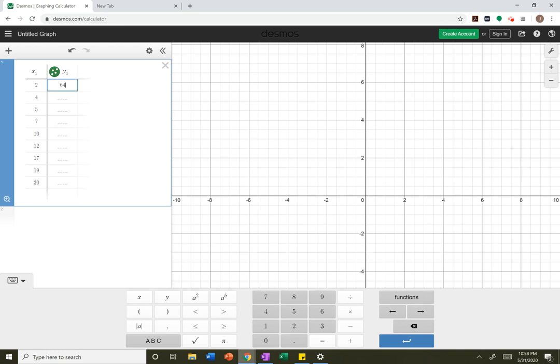2 goes with 64. 4 goes with 71. 69, 74, 81. I know it's tedious to type these numbers in, but it's not terrible. 84. I clearly missed something here. What did I miss? There we go.